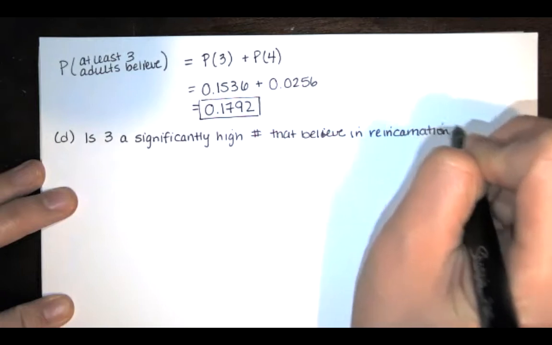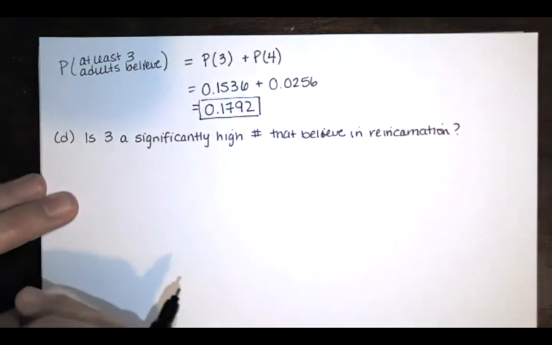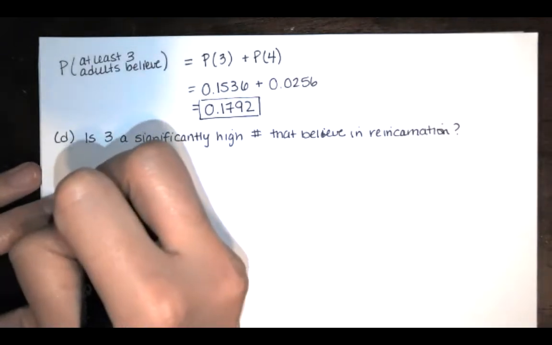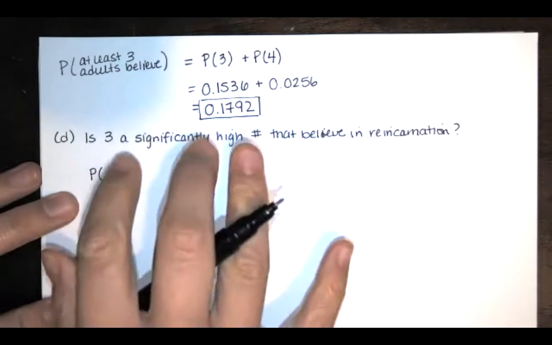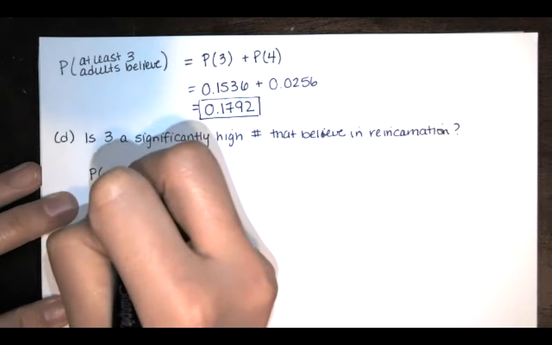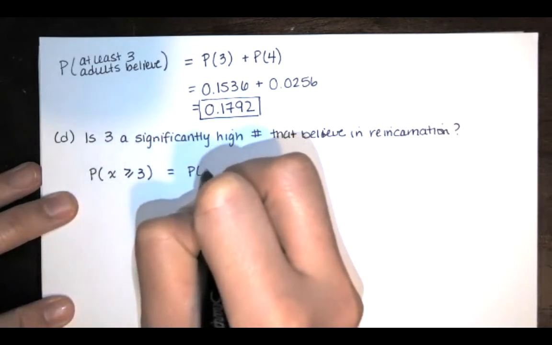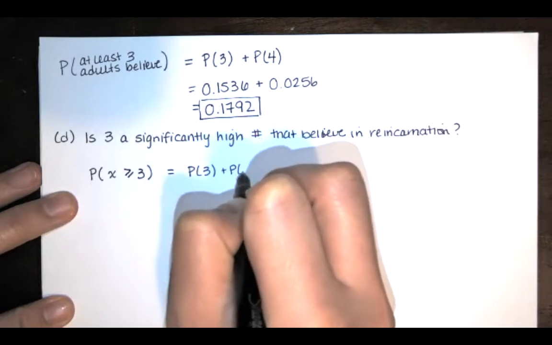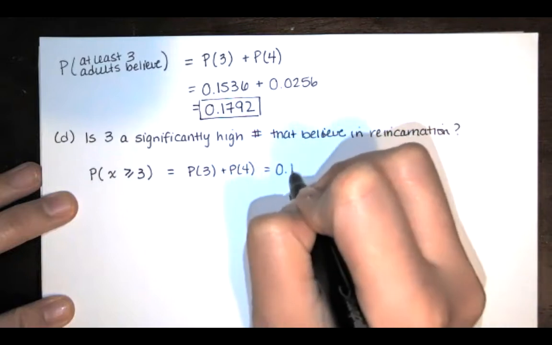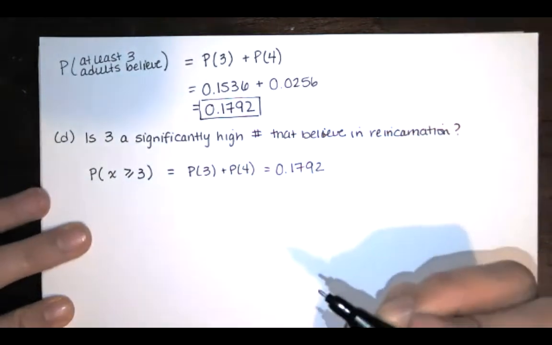Now remember how we determine whether a value is significantly high or significantly low when we are using probabilities. If I'm looking to test whether 3 is significantly high, I have to look at the probability that x is greater than or equal to 3, which we know is the same as the probability that x equals 3 plus the probability that x equals 4. And we've already calculated that. That's that 0.1792.